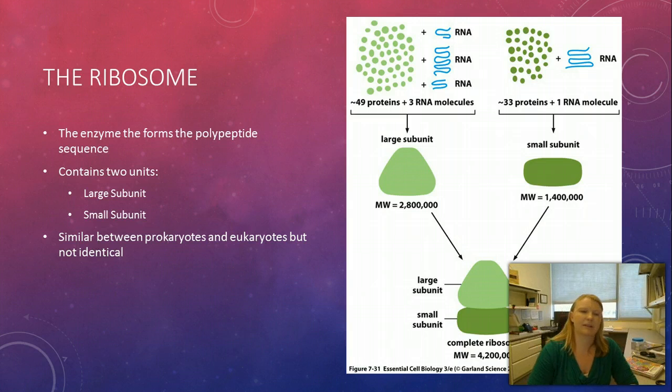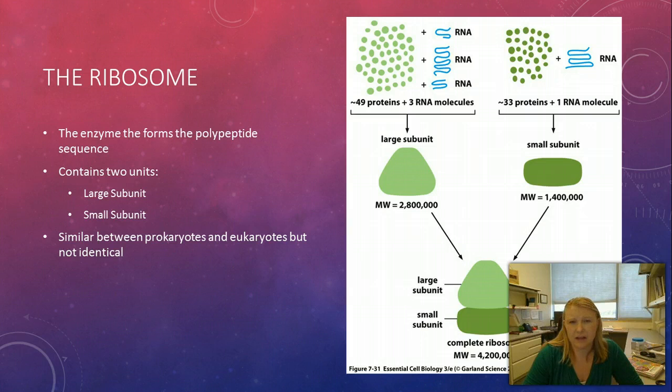Now it is composed of 2 parts, the large subunit and the small subunit. And both of these have RNA and proteins in them. These come together to form almost a sandwich. They look like one of those little guys from the Super Mario Brothers. And they will sit on the mRNA to read it and provide the catalytic sites for the tRNAs to come into.